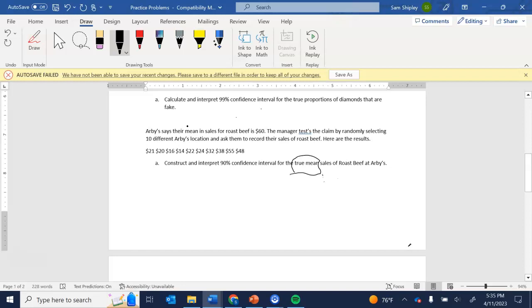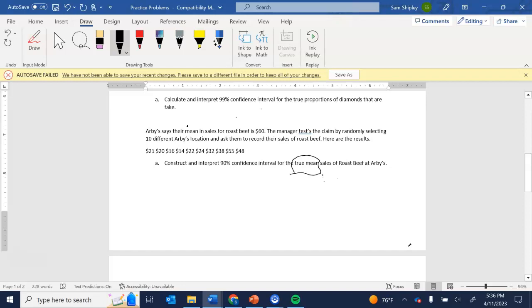Here are the results. We have 21, 20, 16, 14, 22, 24, 32, 38, 55, and 48. So we got the numbers. Part A, construct and interpret a 90% confidence interval for the true mean sales of roast beef.